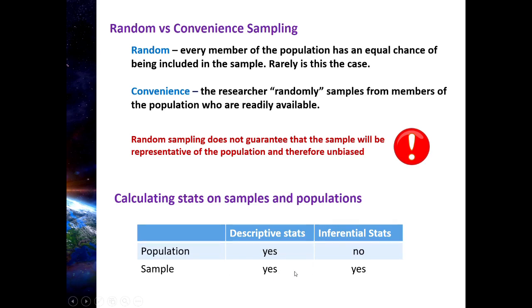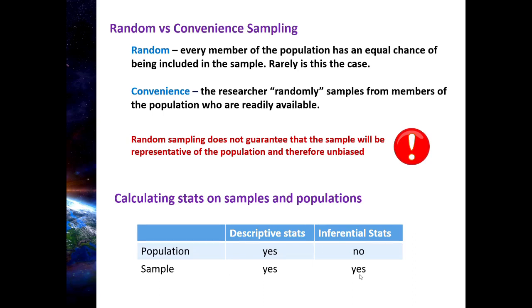Now let's move over to inferential statistics, and let's look at a sample first of all. Can you calculate inferential statistics from a sample? Go back to the definition of inferential statistics. You don't actually have to physically go back. I will repeat that definition for you. Inferential statistics use sample data to tell you something about the population the sample came from.